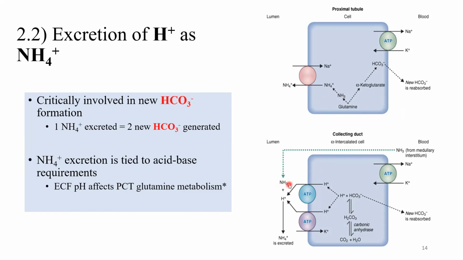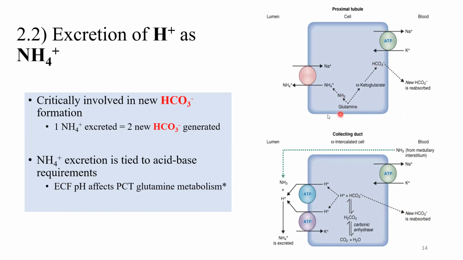Now this ammonia, very similar to what happened to the HPO4 ion, is basically combined with the secreted hydrogen. This whole thing is exactly the same. This new bicarbonate ion that is made is exactly the same as is made in the phosphate buffer system. However, it is the second new bicarbonate ion in addition to the first new bicarbonate ion that was formed when the original glutamine molecule was broken down.